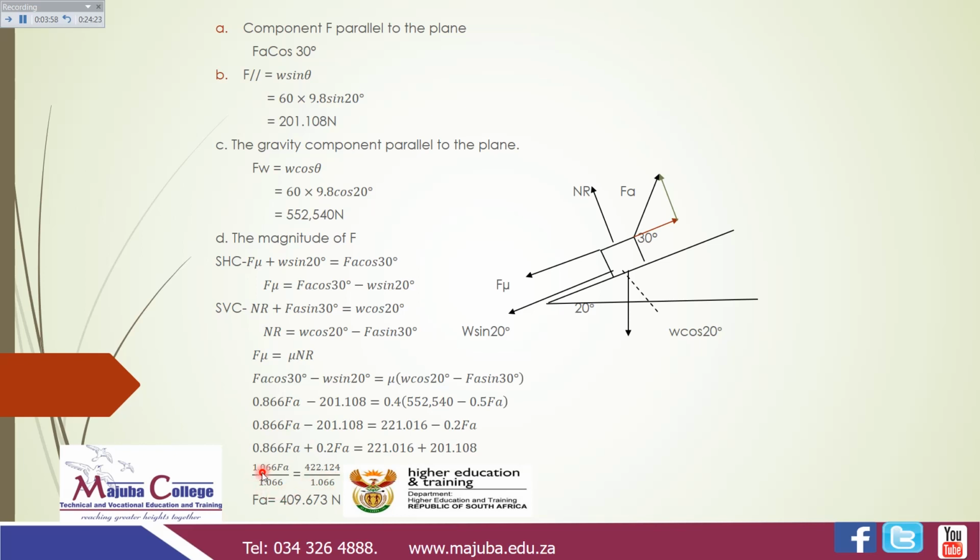So this one will cancel this one. For this side again, you will add these two, you will get 422.124, and you'll divide by 1.066 in order to get the magnitude of FA. So your FA will be equal to 409.673 Newton.